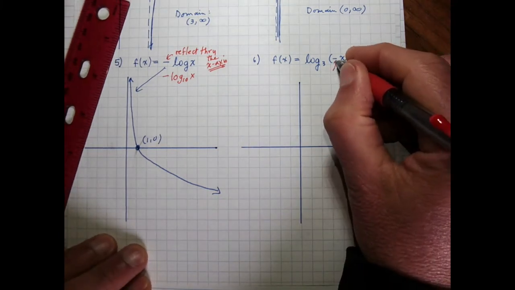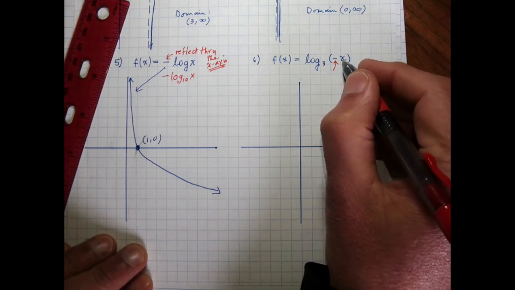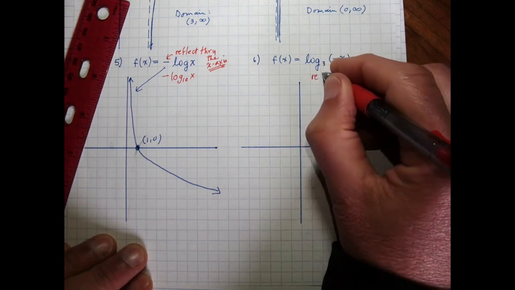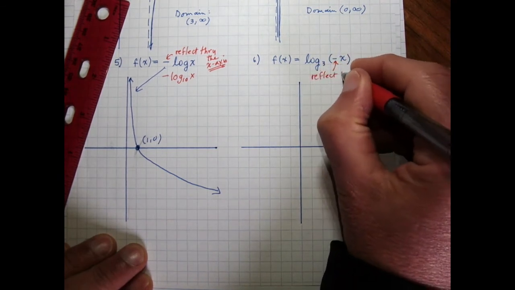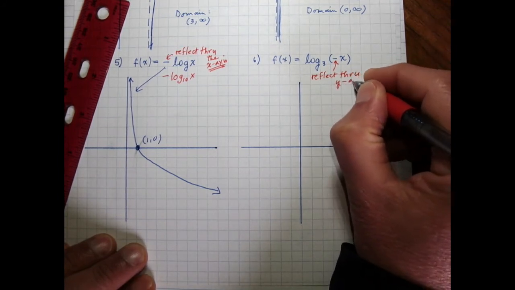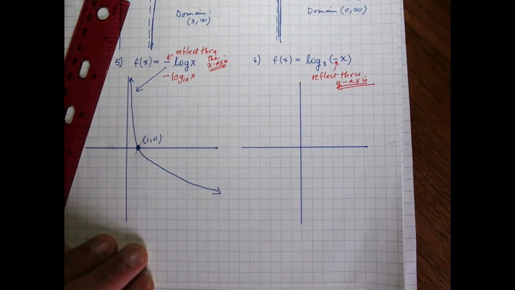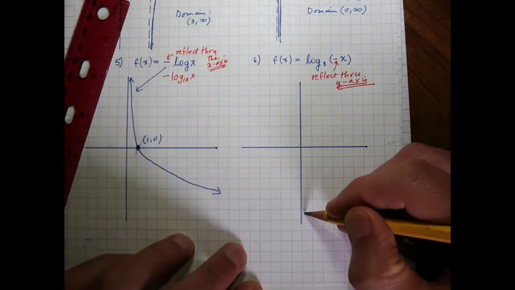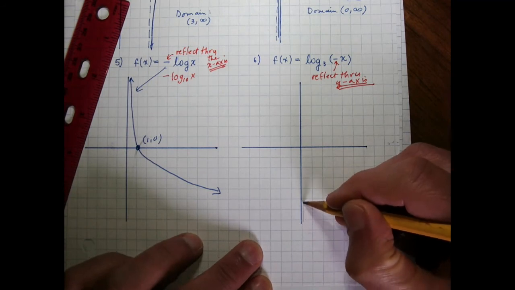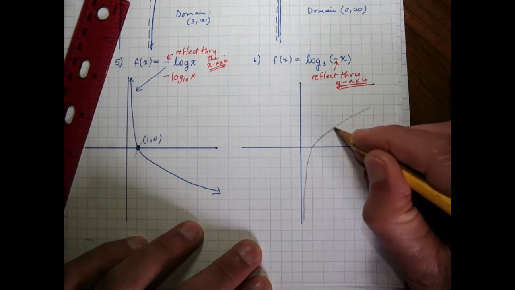When we did our transformations, we figured out that minus inside means that we should reflect through the y-axis. So again, I'm going to draw this sketch in pencil.